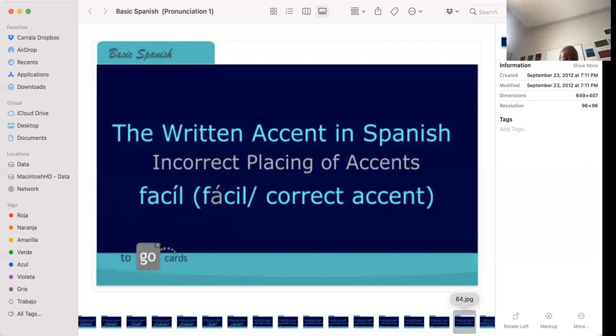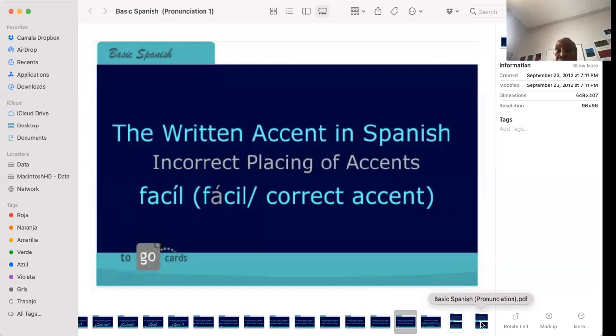Fácil, facíl. Parentheses, correct. The other, the word facíl, is incorrect. Facíl versus fácil. Sometimes it's hard to put the, you know, because I'm used to hearing it one way and to say it another sounds funny.